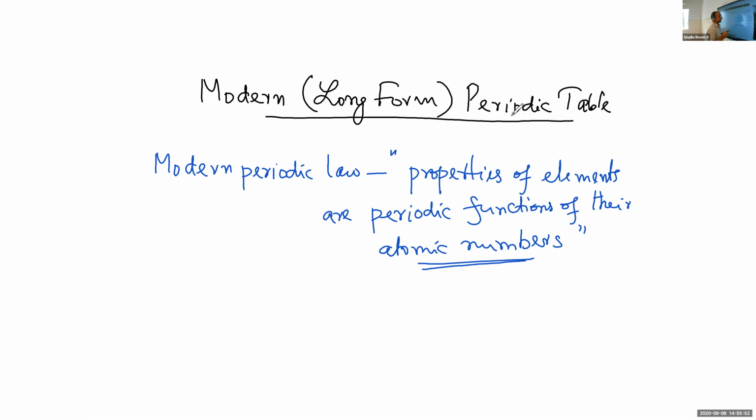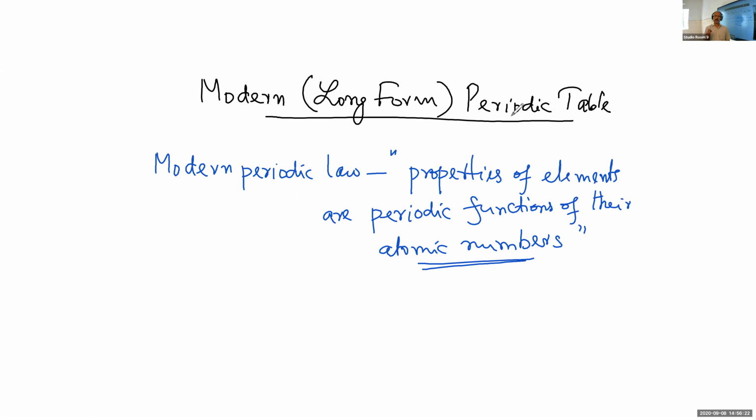So the basis for the modern periodic table, or the long form periodic table, which is also known as the Bohr periodic table, B-O-H-R, is atomic number. In Mendeleev's periodic table, the basis for classification chosen by Mendeleev was atomic mass.